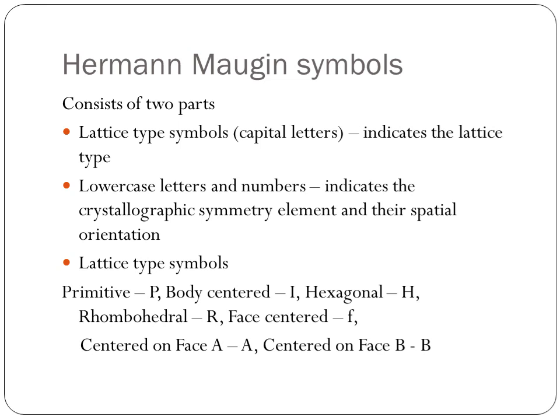And the second part contains lowercase letters and numbers that indicate the crystallographic symmetry elements and their spatial arrangement or orientation. The lattice type symbols used are P for primitive, I for body centered, H for hexagonal, R for rhombohedral, F for face centered, A for centered on face A, and B for centered on face B. So these are the capital letters or lattice types.